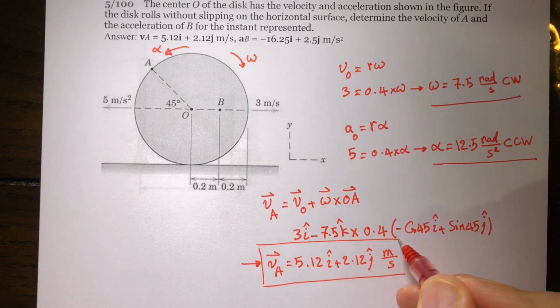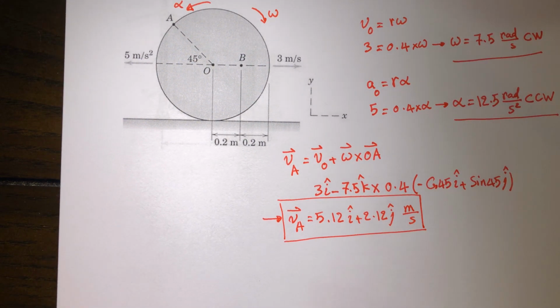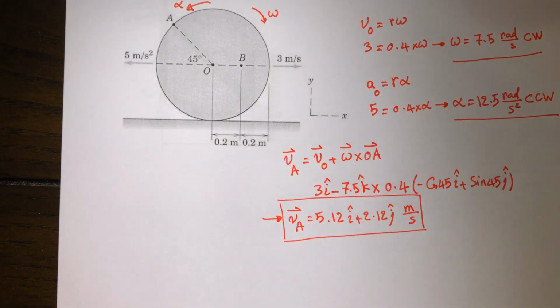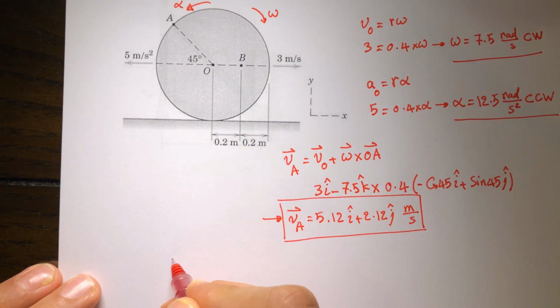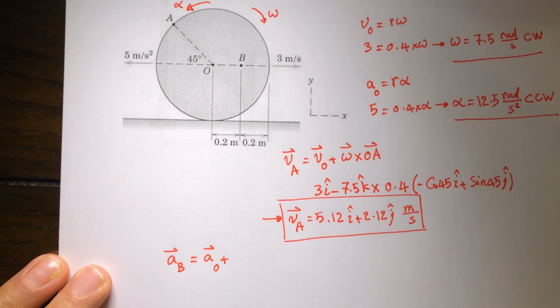Now for acceleration, in the same way, we can write the relative acceleration equation between B and O. So let's do that. Acceleration of B is equal to acceleration of O plus the relative acceleration, which we just talked about.